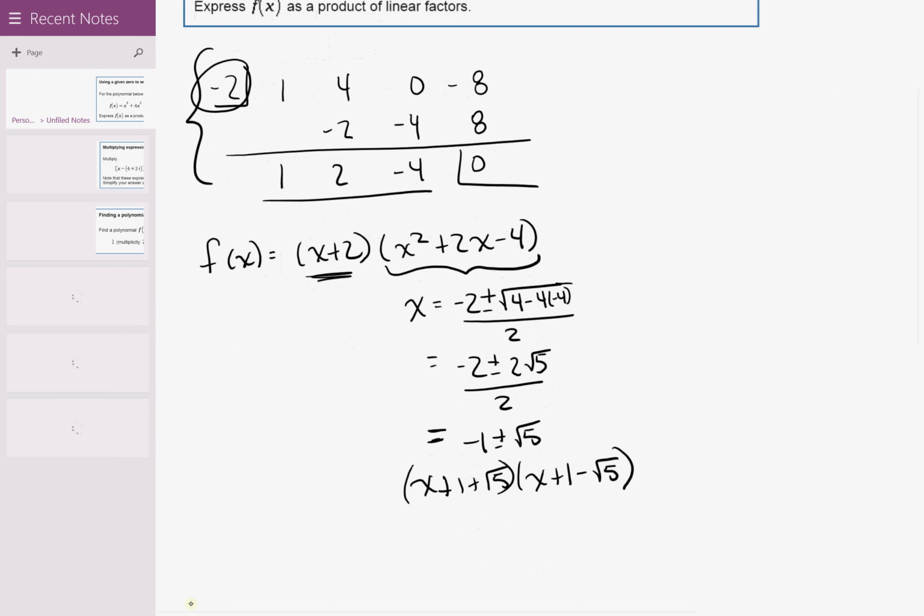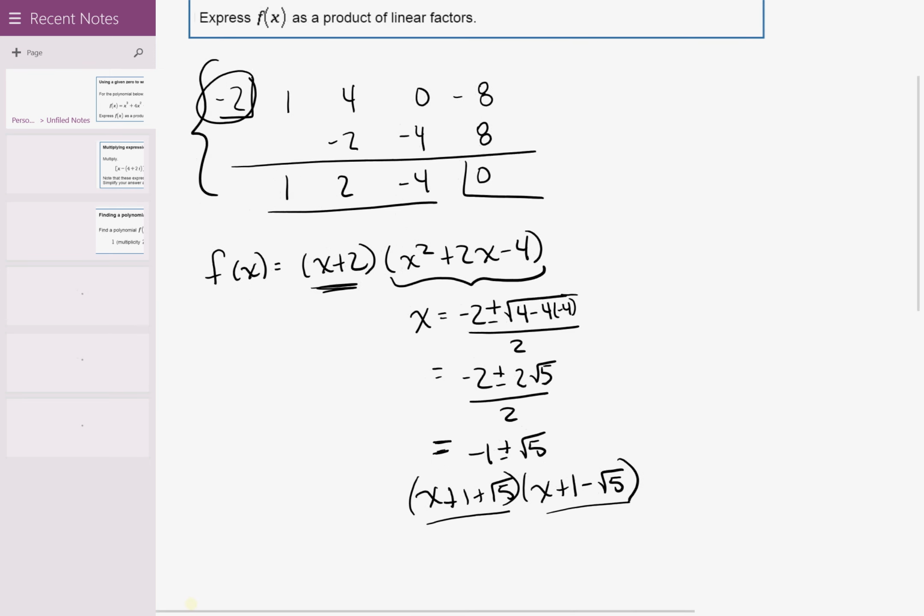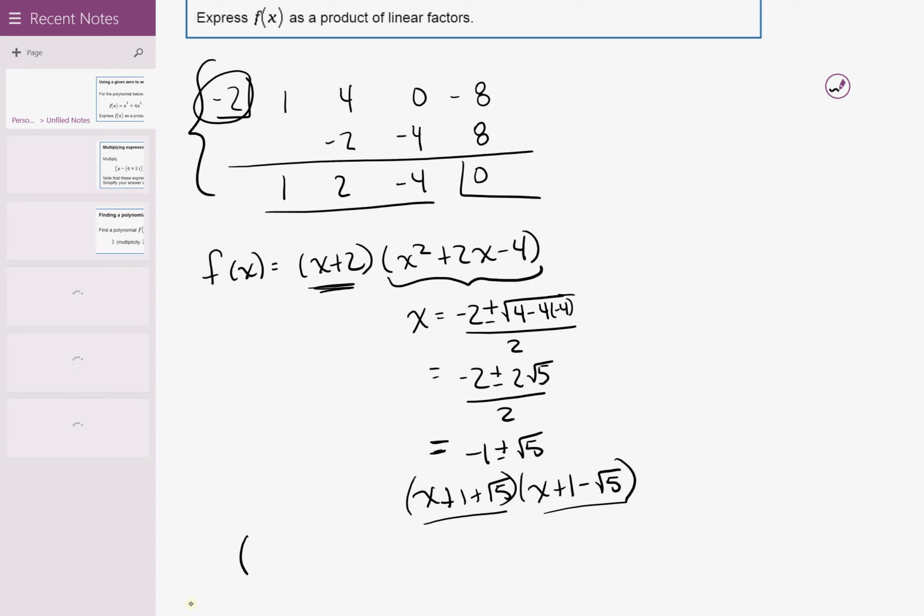If -1 plus the square root of 5 is the zero, then x plus 1 minus the square root of 5 is the factor. And for -1 minus the square root of 5, I get x plus 1 plus the square root of 5. So my actual linear factors here are x plus 2, x plus 1 plus the square root of 5, and then x plus 1 minus the square root of 5.